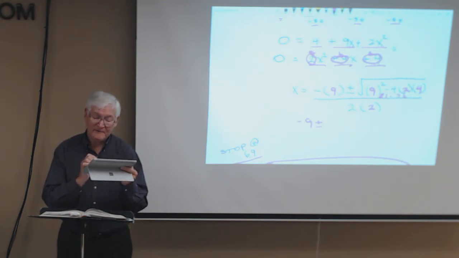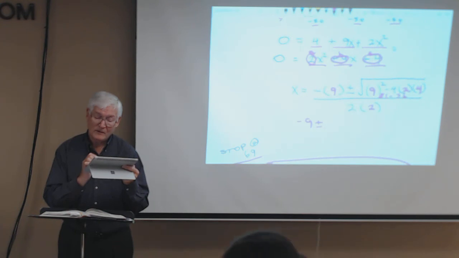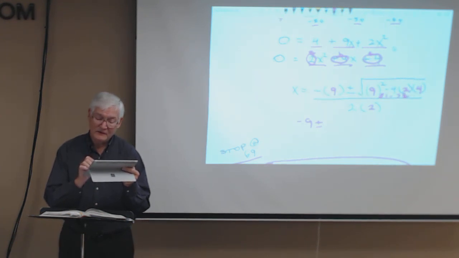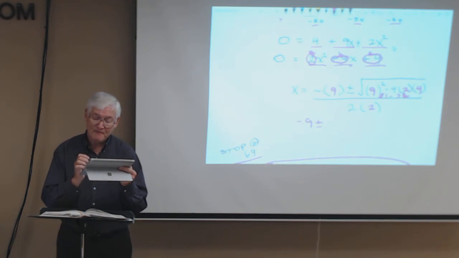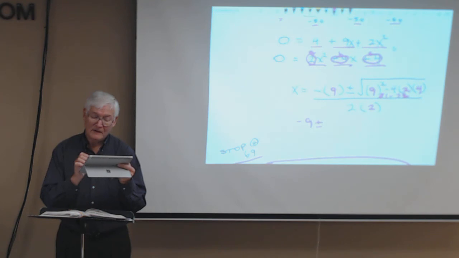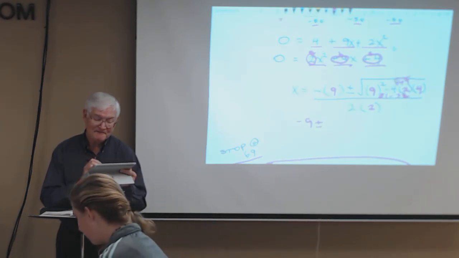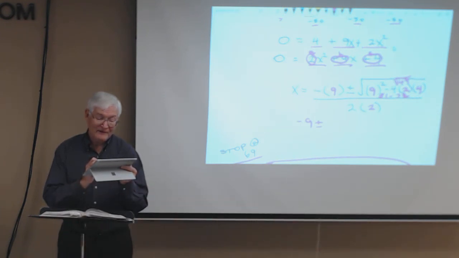What does that give me? Oh, not 36. It's 32. What's that give me? 49. What's the square root of 49? Negative 9 plus or minus 7 divided by 4.